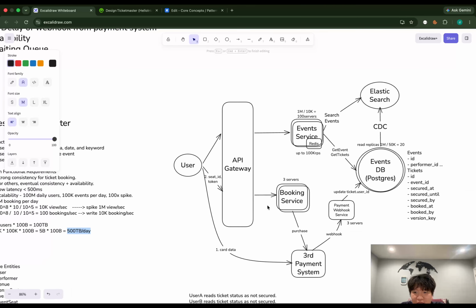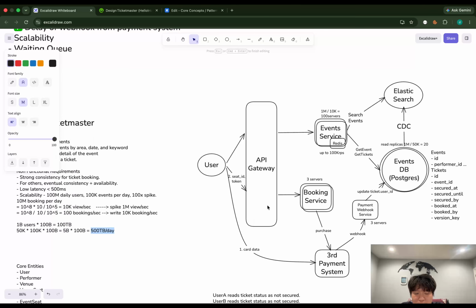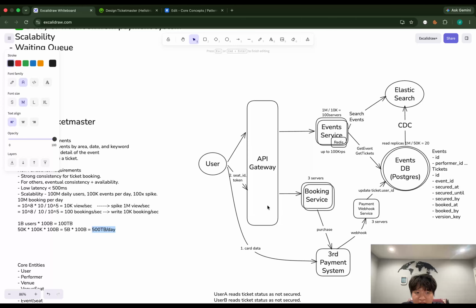So in this case, this is really huge. And this is about the seats. For the event itself, I don't need this 50K number. So actually, this should be 150 gigabytes per day.